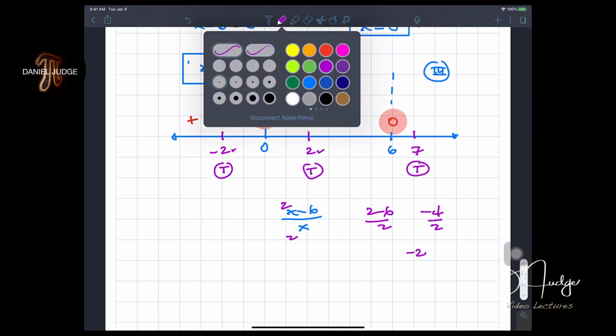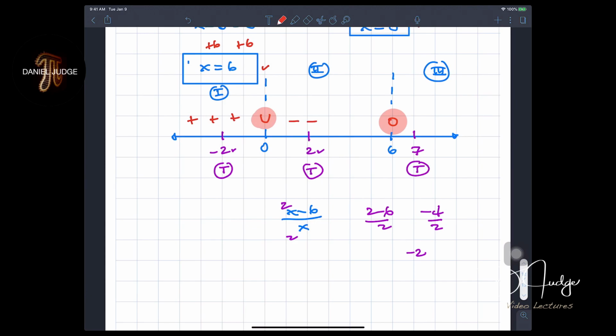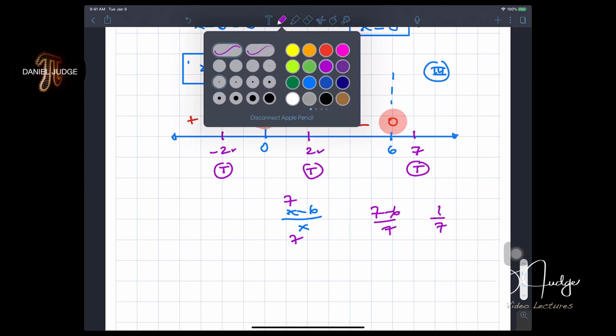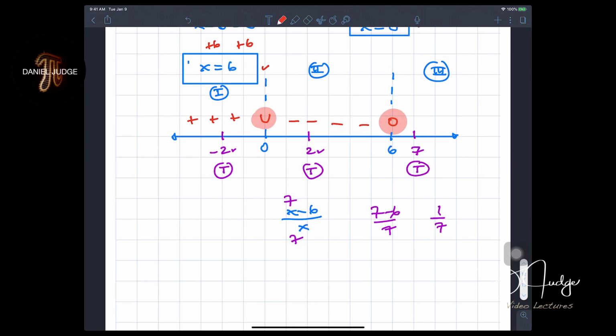So region 2 is going to be negative. Test region 3: 7 gets plugged in, so I get 7 minus 6 over 7, which is 1 over 7, again a positive answer.